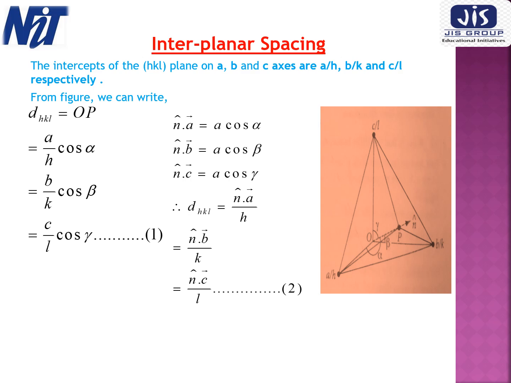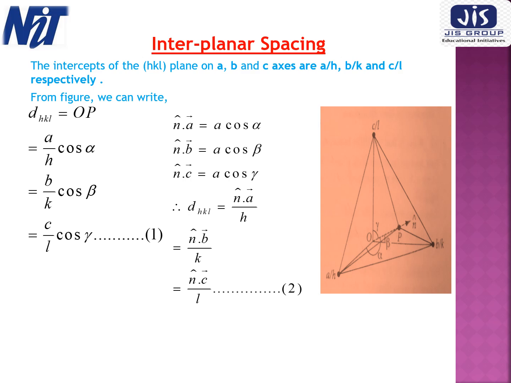We should keep in mind that alpha, beta and gamma are the angles between the normal to the plane and the crystallographic directions a, b and c respectively. If n cap is the unit vector normal to the plane, then we can write n dot a, which can be written as a cos alpha, n dot b will be equal to b cos beta, n dot c equal to c cos gamma.